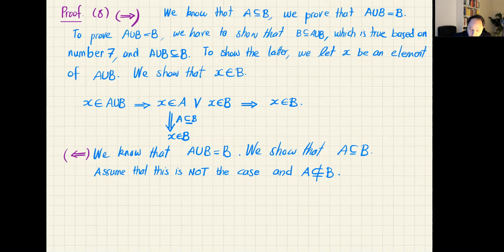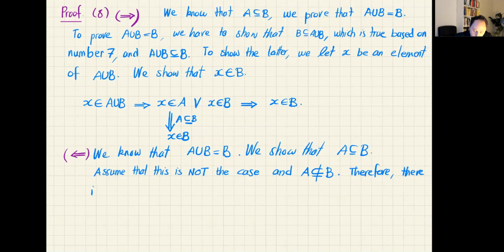Okay, therefore, what is the consequence of this? I would say, therefore, there is an element X such that, can you complete this sentence? If A is not a subset of B, then what does it mean?